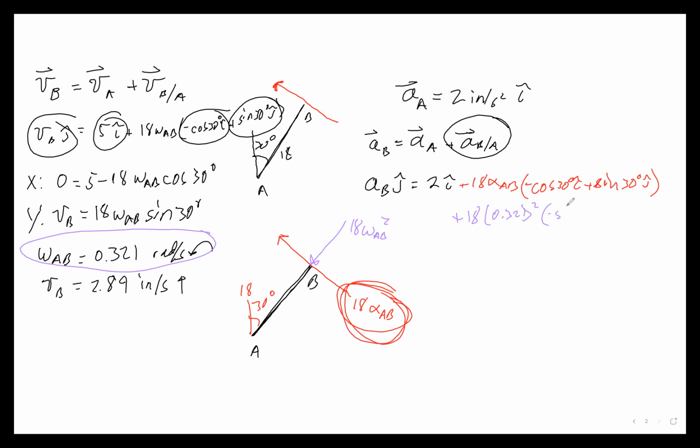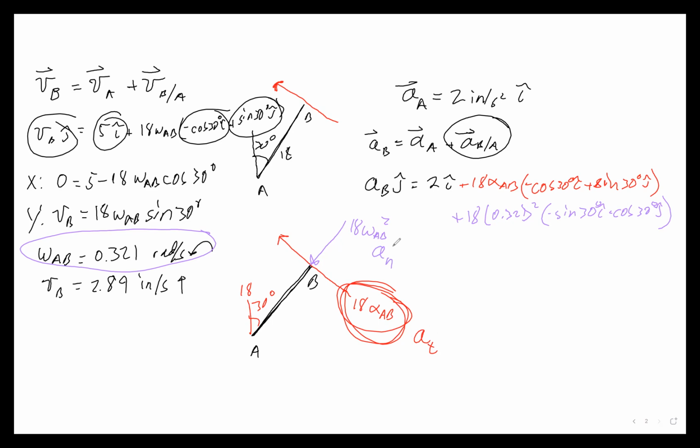So negative sine 30 degrees I hat minus cosine 30 degrees j hat. All right, so the red math is for the red arrow, the tangential acceleration, linear tangential acceleration. By the way, just to make sure, I haven't written this in a while, it's this acceleration. It's linear, it's A, not alpha. And then purple is going to be the normal acceleration, linear, A, not alpha.